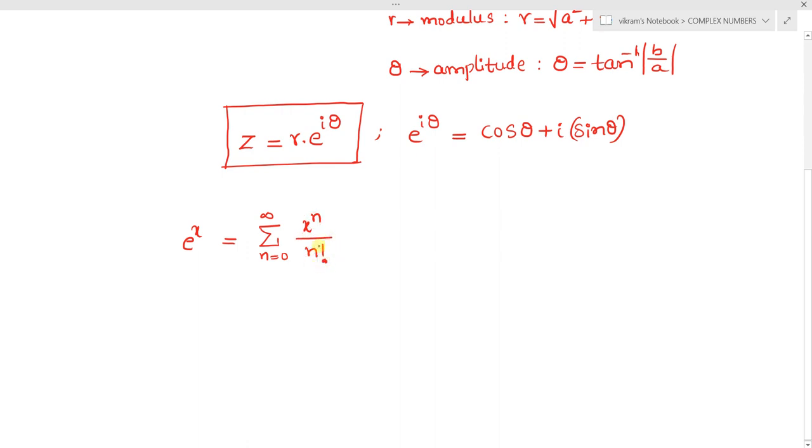If we expand this, we can write it as 1 plus x by 1 factorial plus x square by 2 factorial plus x cube by 3 factorial plus x power 4 by 4 factorial, and so on, which is the e power x infinite series expansion.